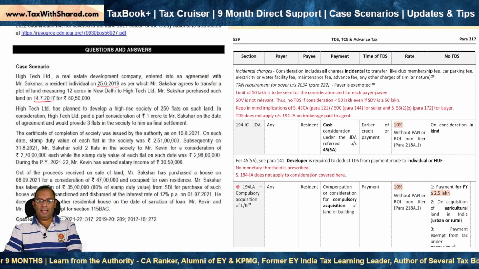High-Tech Limited has planned to develop a high-rise society of 250 flats on such land in consideration of transfer of land by Mr. Sakshar. High-Tech Limited paid a part consideration of rupees 1 crore, so this is in cash, to Mr. Sakshar on the date of agreement and would provide 3 flats in the society to him as final settlement. So Mr. Sakshar is supposed to get rupees 1 crore in cash plus 3 flats as consideration for transfer of the plot of land. Okay.